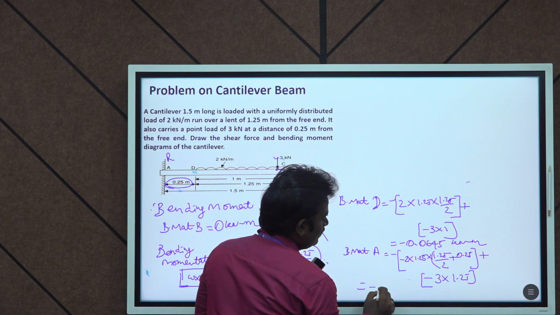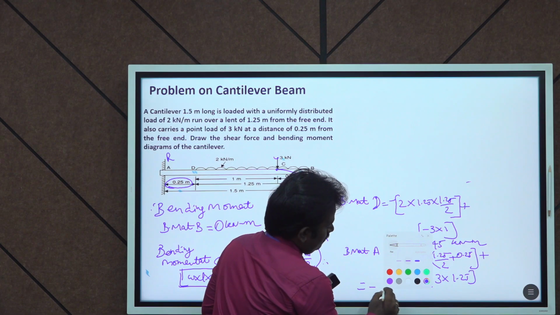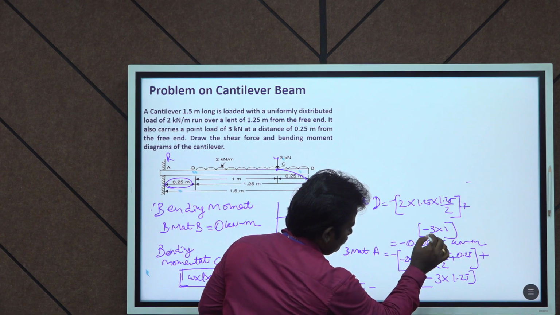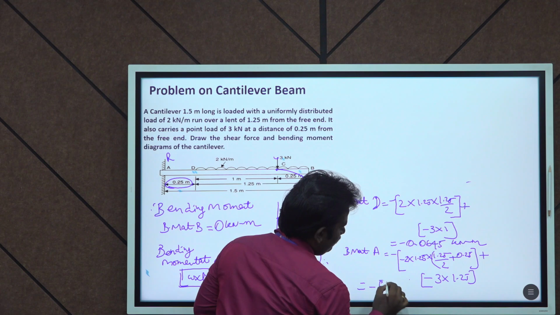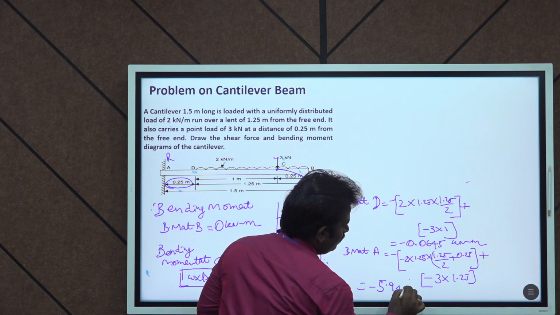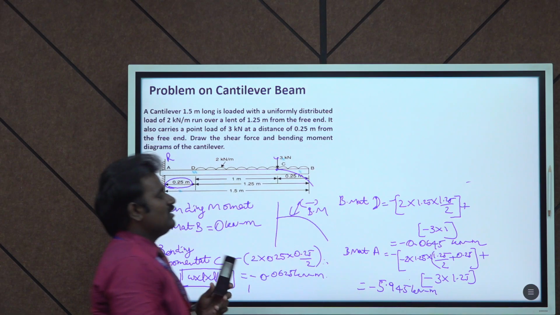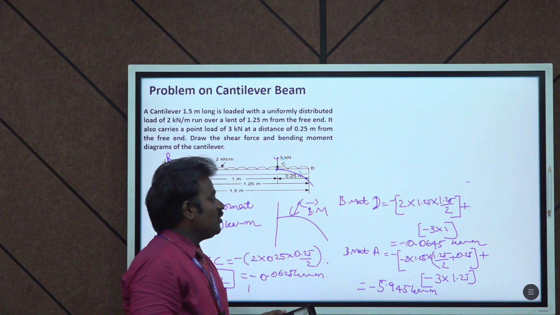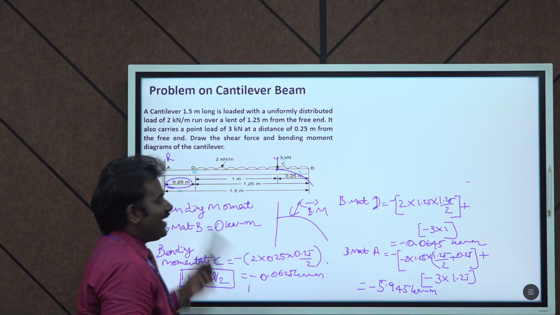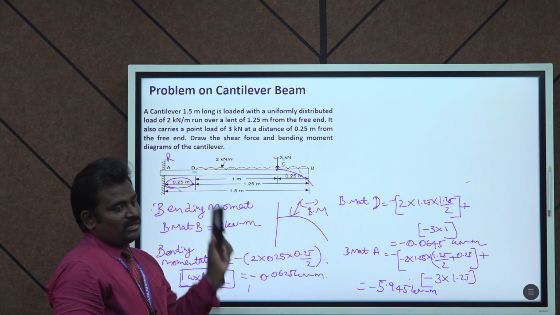The value here is minus 5.945 kilonewton meter. So these are the shear force and bending moment values for this particular beam.